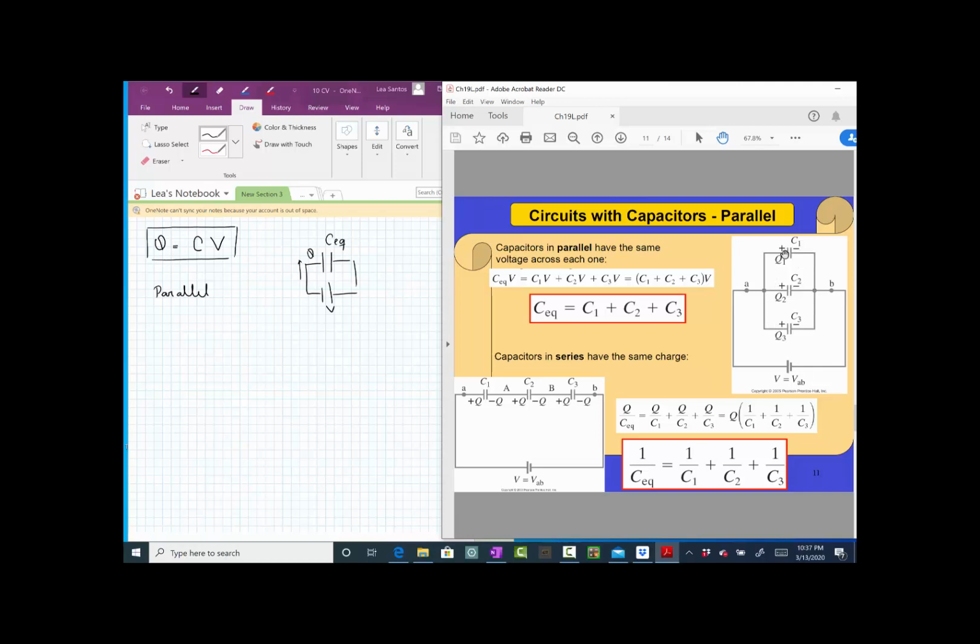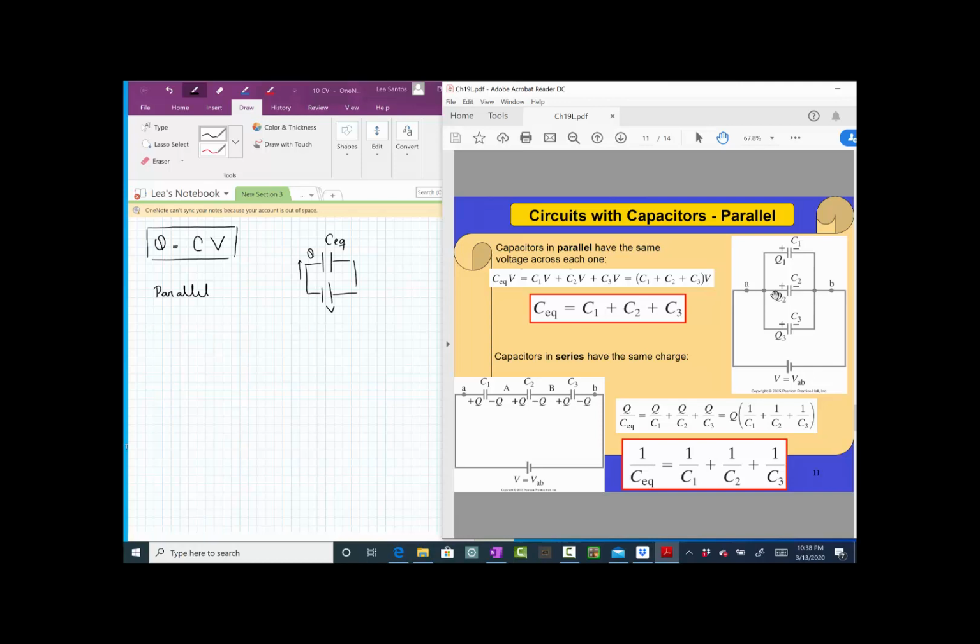These capacitors will suck current out of the battery. So the Q comes here, but then it splits. The Q that was drawn from the battery will split. Q1 will go to capacitor C1, Q2 to capacitor C2, Q3 to capacitor C3. So we have the split of charge, very similar to the split of current we had before for the resistors.